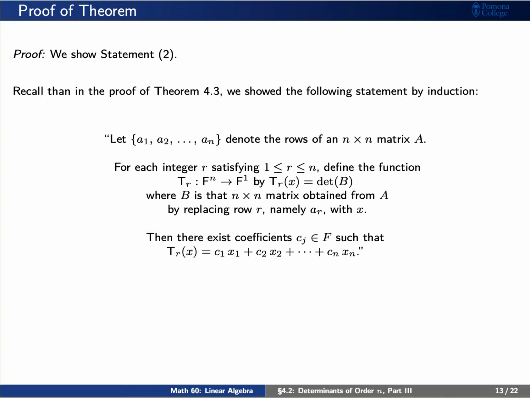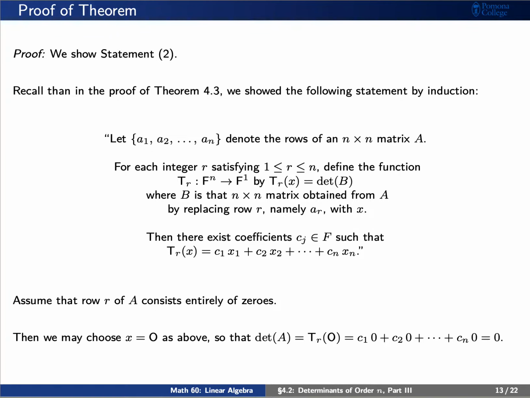Then for any integer r between 1 and n, we define this function t sub r of x that takes a variable x and returns the determinant of B, where B is that matrix obtained from A by replacing row r with this row vector x. The important statement here is that there exist coefficients c sub j such that t sub r of x is c1 times x1 plus c2 times x2, plus so forth through cn times xn.